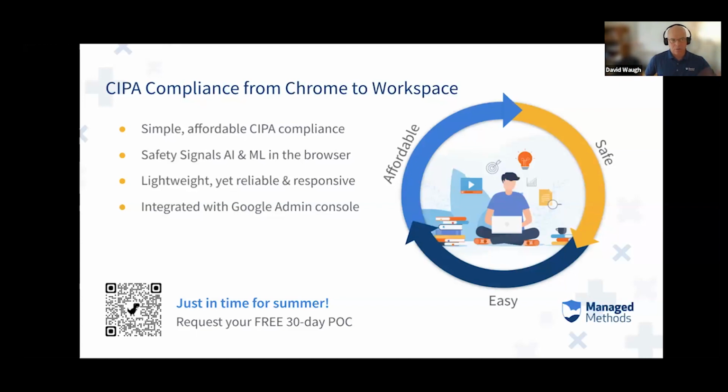Of course, our student safety signals brings forward artificial intelligence and machine learning, the same technology that all of you as customers know and love from our flagship Cloud Monitor platform that is looking inside the workspace. This is now going to be available to extend out to the browser level, again, in a very lightweight, efficient package. And Fred will talk a little bit more about that as we jump into the demo and the architecture. And again, it's browser based.